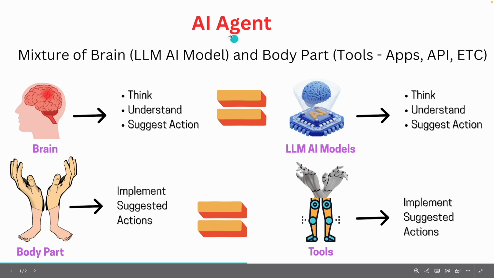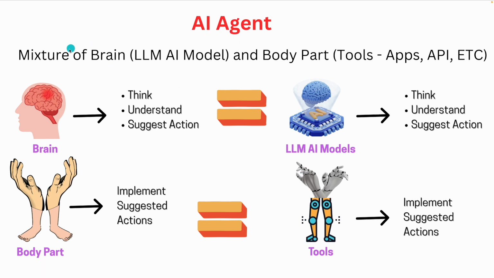Now if you again go to the AI agent, we have brain and body part, and that is what makes any task accomplished for humans. We need the mixture of brain and body part to do any task, right? Similarly the AI agent has its LLM AI model which is like a brain, which basically thinks, understands, and suggests the action.